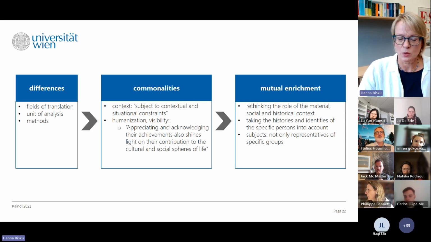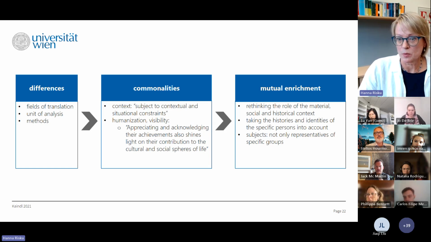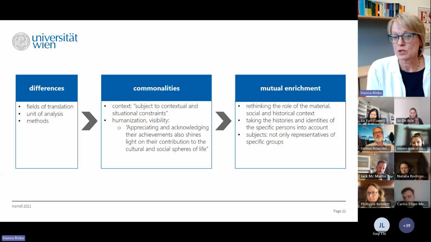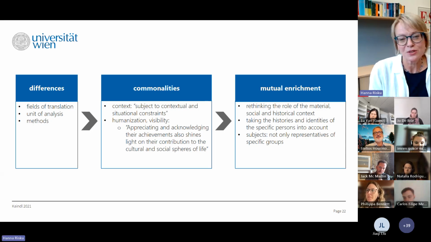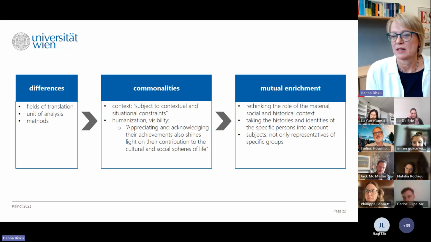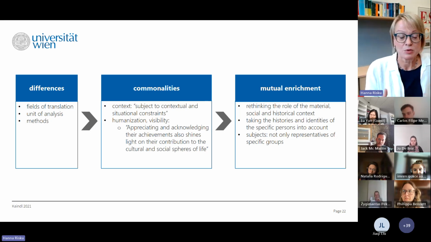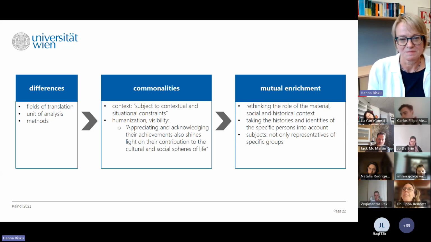So in case-based qualitative studies, data can be elicited together with the participants in their immediate contexts of action, and this methodological approach allows researchers to see the subjects not only as representatives of specific groups like semi-professional translators, project managers, bilinguals, expert translators, but actually trying to also see them as persons with their own histories and own identities.